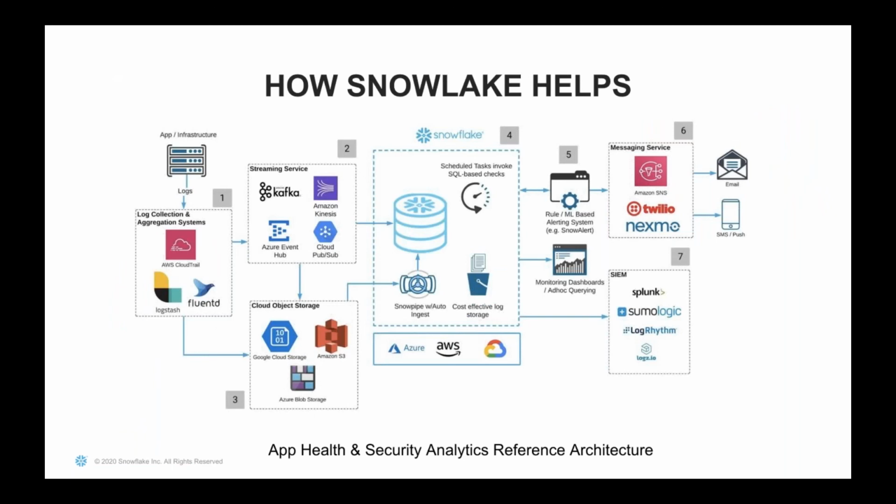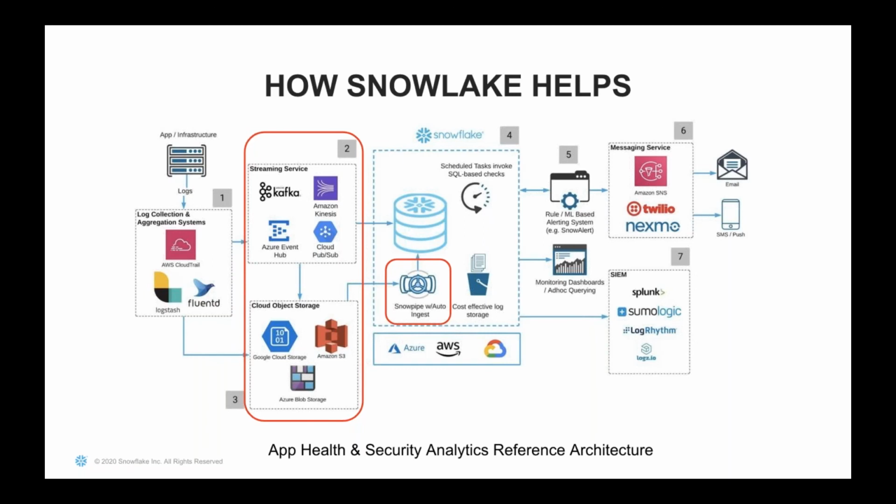All right, so let's look at the reference architecture for this use case. So, more boxes and lines here, and some new boxes that we haven't seen before. But again, it all starts with our ability to ingest data easily and simply. And so this is a good time to really emphasize our Snowpipe feature, which is a serverless ingest engine that has an auto ingest feature, so that it can watch for notifications across all the different places that you might land data from your different application health and security systems.